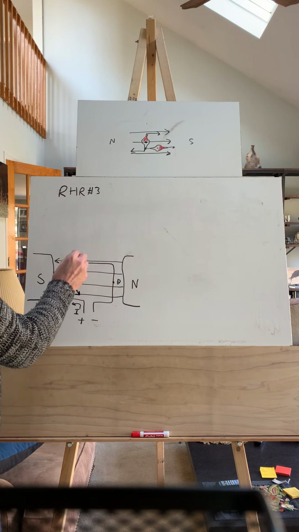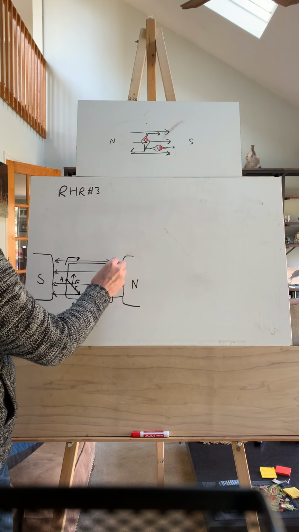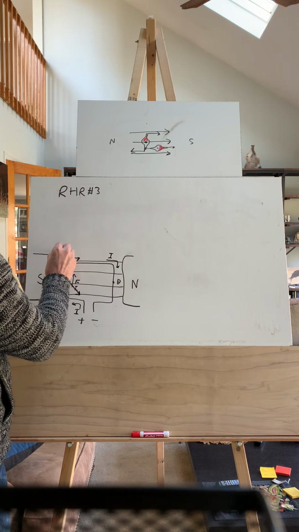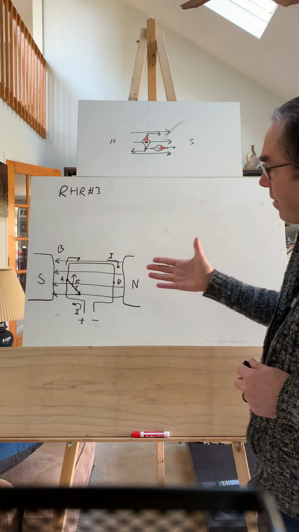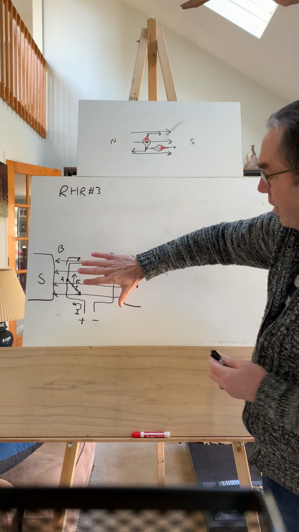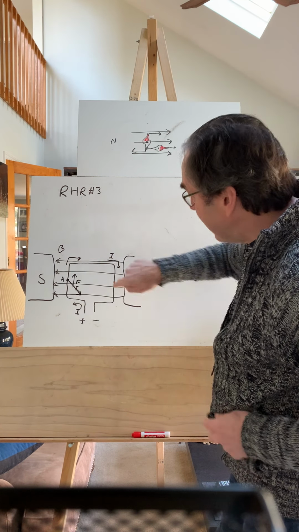Now, if we go over to B, the current has gone around like this, down like that. The current is now going down. This is our field B. And if we extend our fingers in the direction of the field, thumb in the direction of the current, the force comes out of our palm, and the force at point B is going into the page.